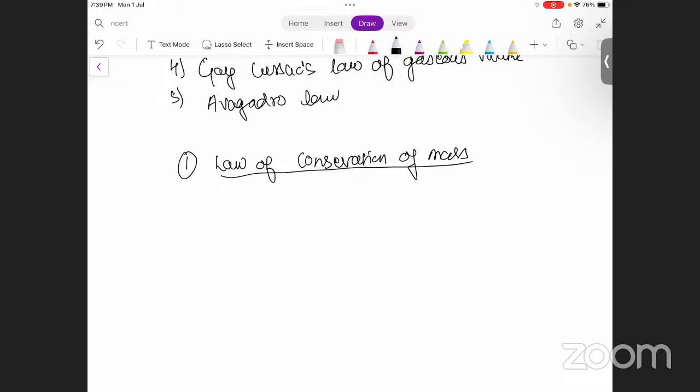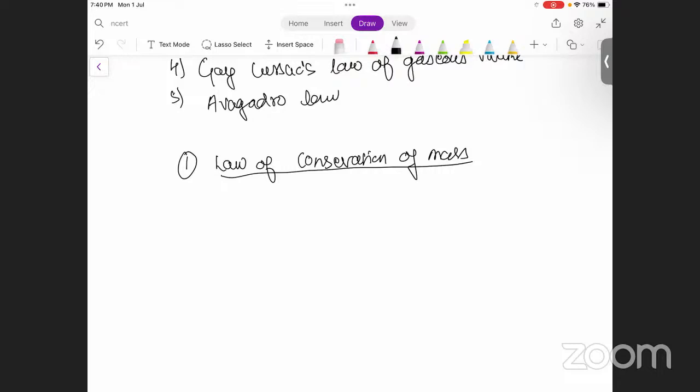Basically, this law was given by Antoine Lavoisier, who was known as the father of modern chemistry. He was the one who performed so many experiments, and then he came up with the law of conservation of mass. This law says that mass can neither be created nor destroyed.